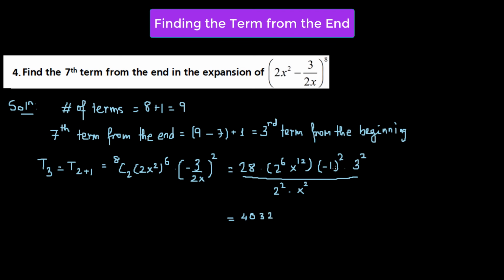Negative 1 raised to the power of 2 is simply going to be 1. Then we have x raised to the power of 12, and we subtract the 2, which is the exponent of x in the denominator, by taking it to the numerator. So the final answer will be 4032 x raised to the power of 10. So this is the seventh term from the end in the expansion. Let's go to the next one.